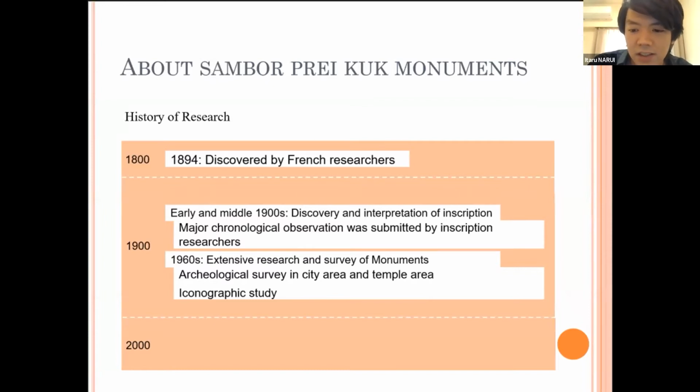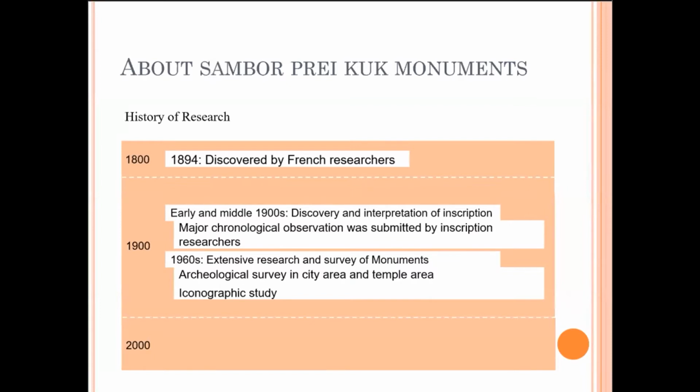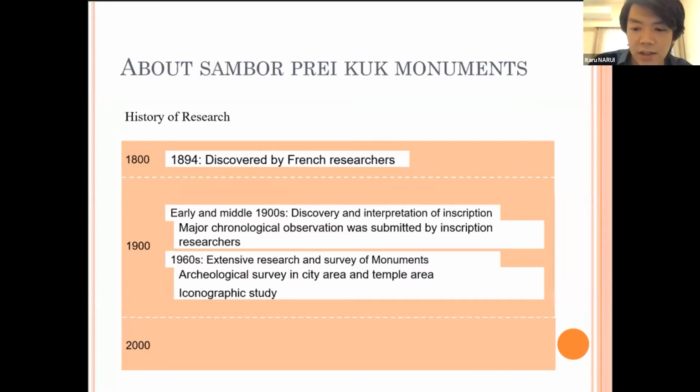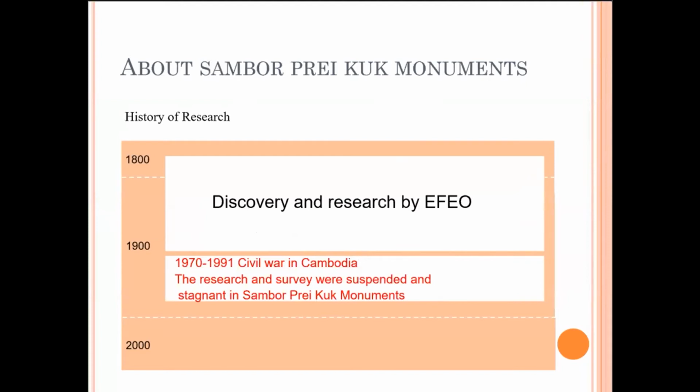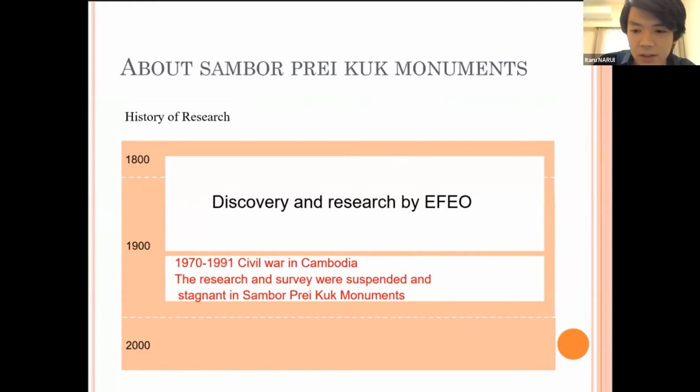In the 1960s, extensive research and survey was conducted in the city area and temple area, especially in archaeological and iconographical study. However, the research and study by the French were interrupted because of the civil war in Cambodia.